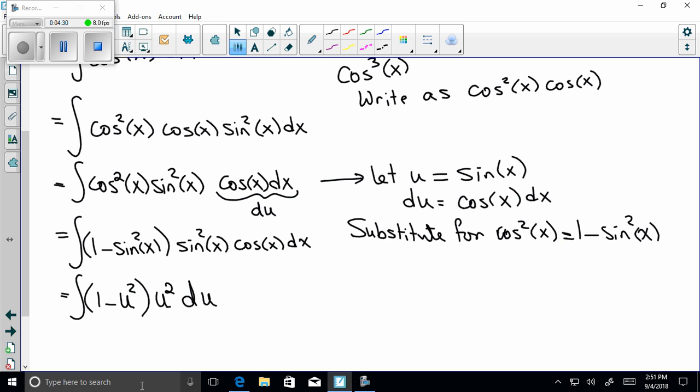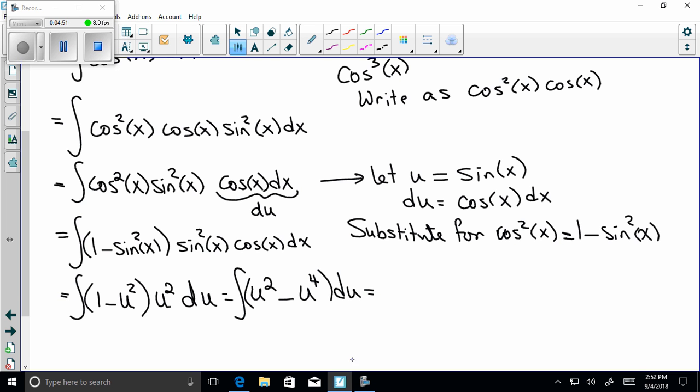Now, there's no rule for multiplication in integrals. You just have to go ahead and multiply. So you say, okay, this is the integral. u squared times 1 is u squared, minus u squared times u squared is u to the what power? 4. Then du.